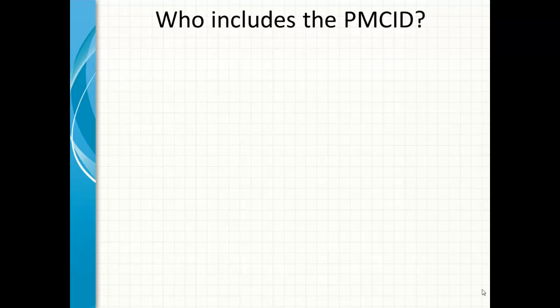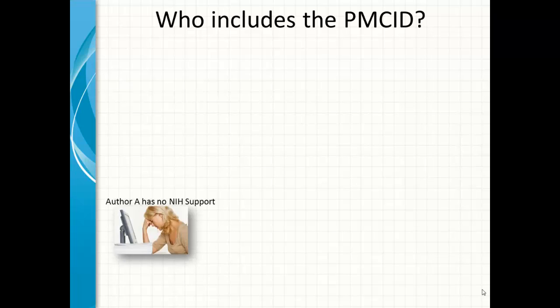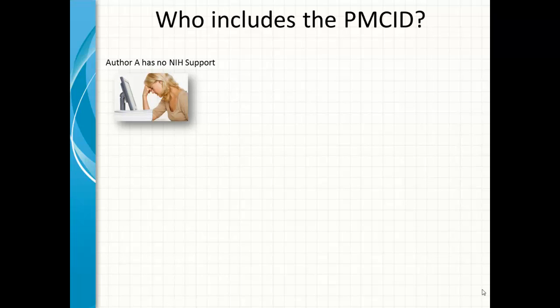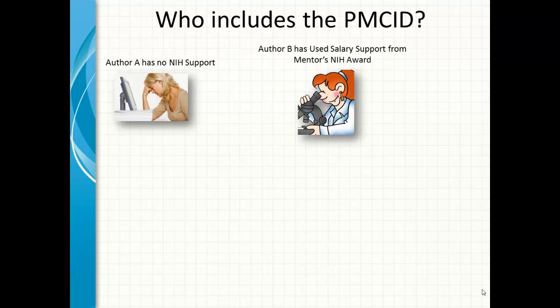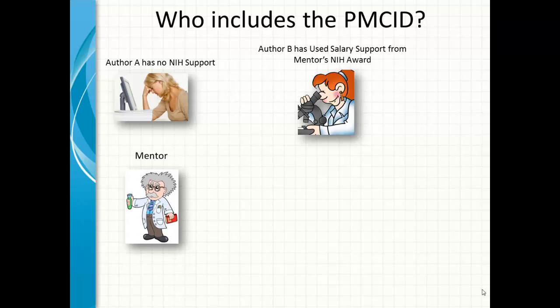This is an explanation of who needs to include the PMCID in any citation in the grant application or progress report. The example is taken from the NIH website. In this case, Author A has no NIH support. Author B used salary support from their mentor's NIH award. Then there is the mentor, who in this case is not an author.